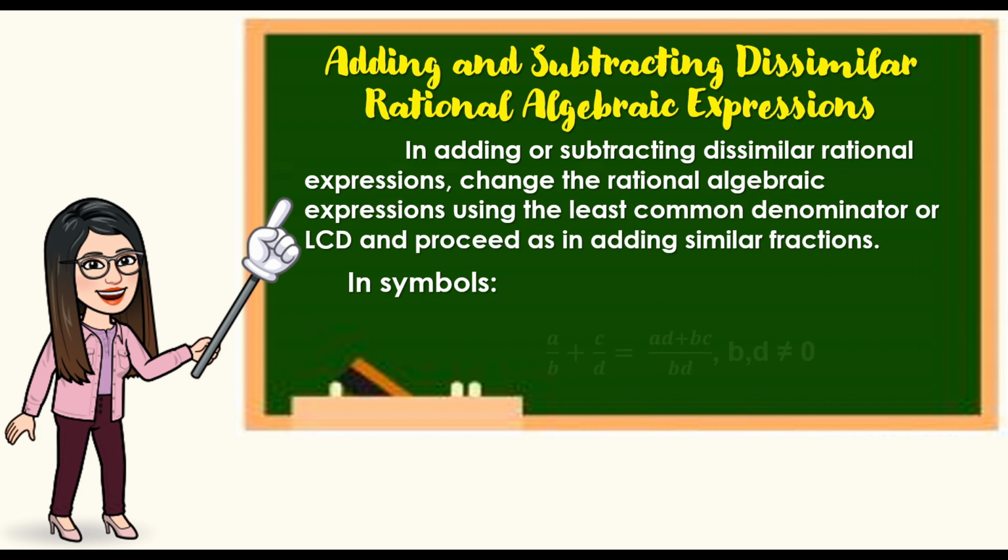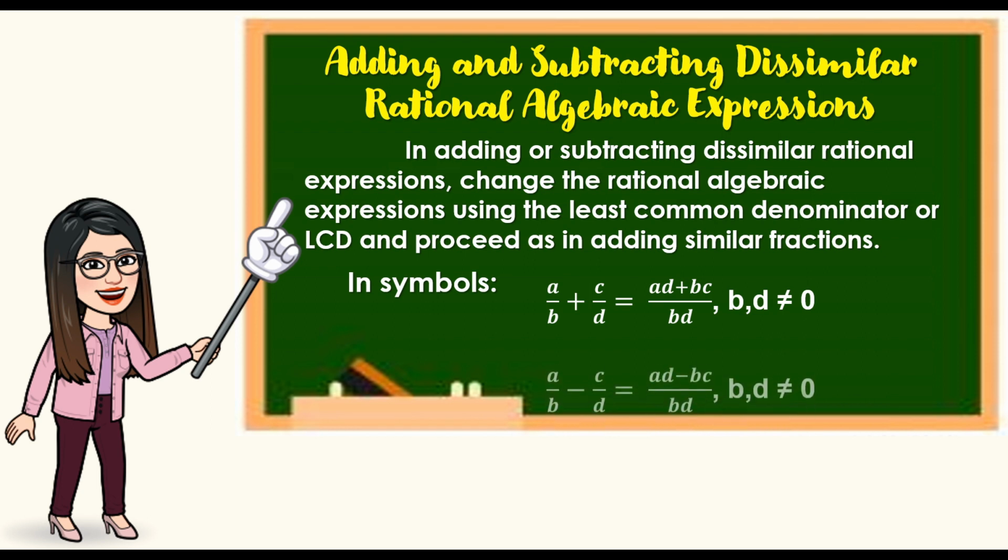In symbols, a over b plus c over d equals ad plus bc all over bd, where b and d are not equal to 0. Same with the subtraction: a over b minus c over d equals ad minus bc all over bd, where b and d are also not equal to 0.